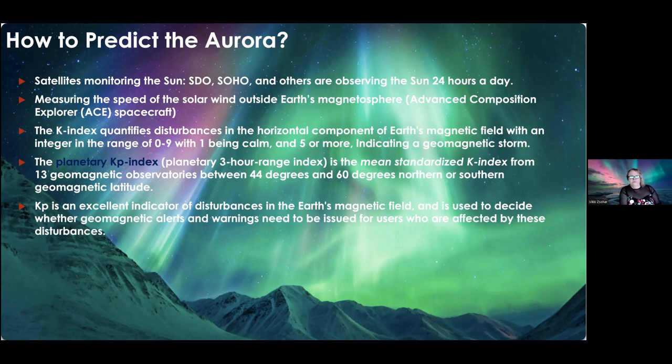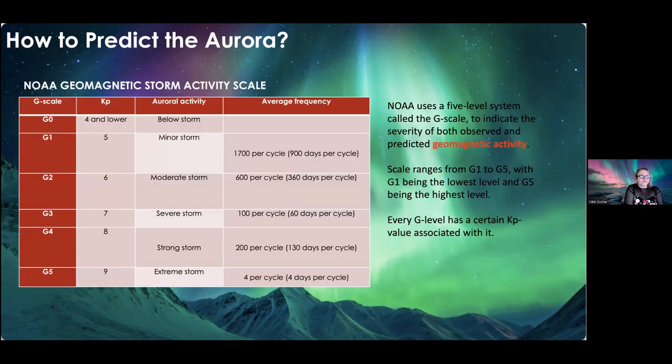Civil, army, communications, pipelines, electrical grids, astronauts in space, satellites, NASA. So NOAA uses a geomagnetic storm activity scale, which is correlated to the Kp number. It's a G scale, G0 to 5.